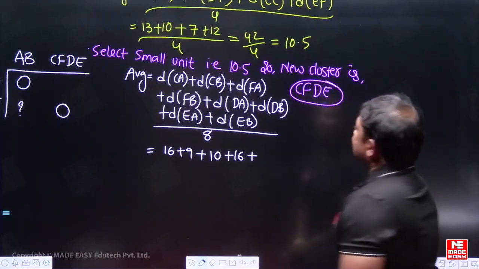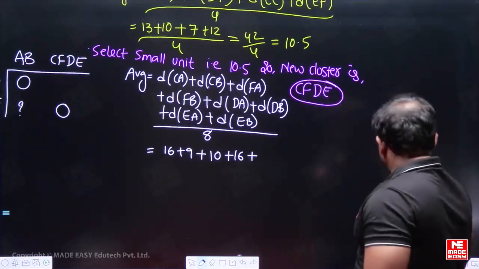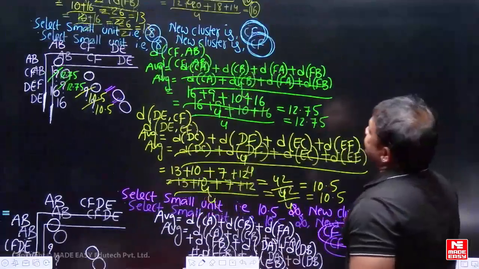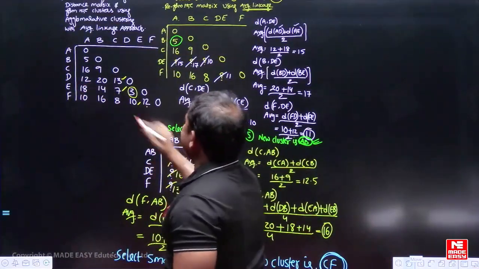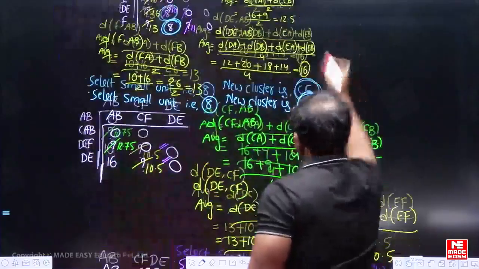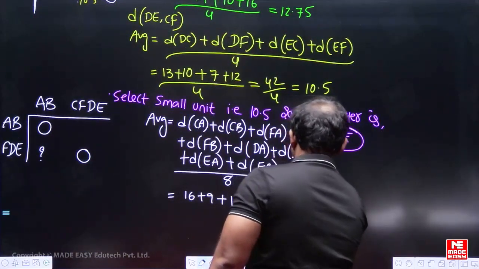Then DA, DB: DA 12, DB 20, so 12 plus 20.